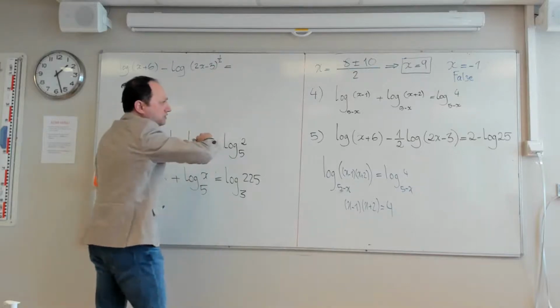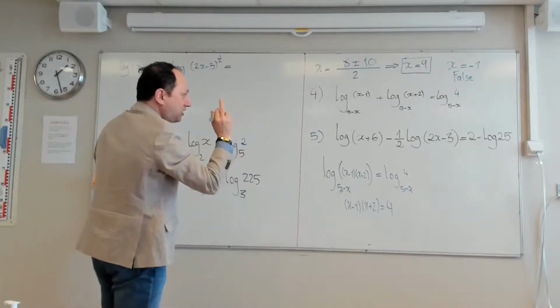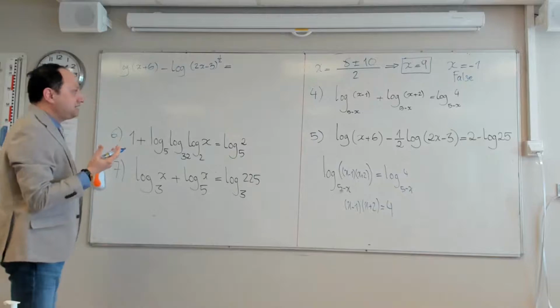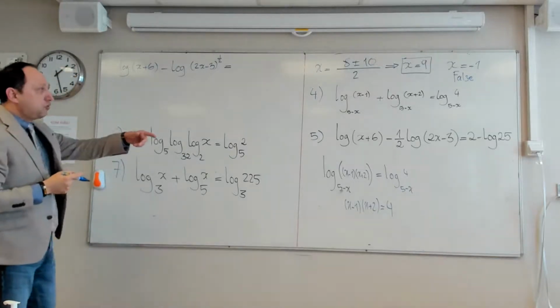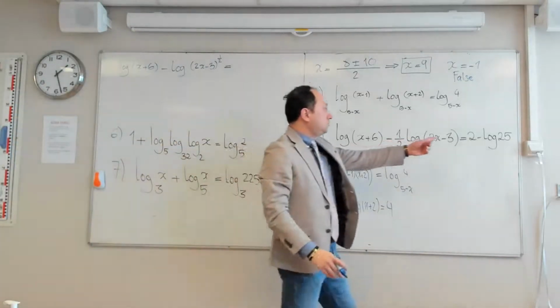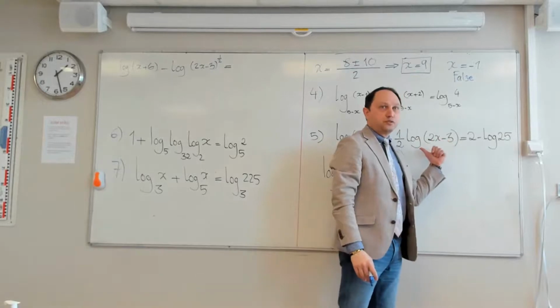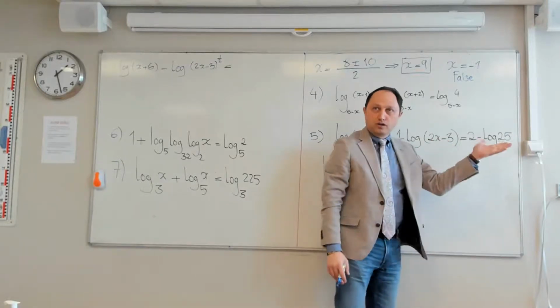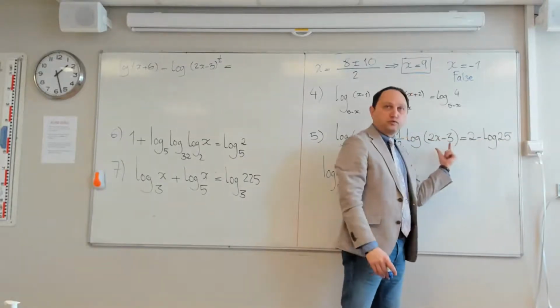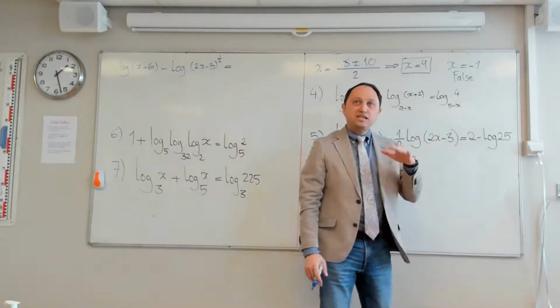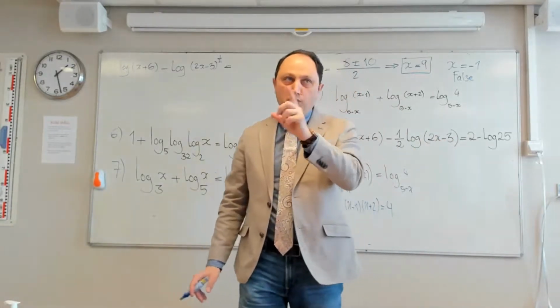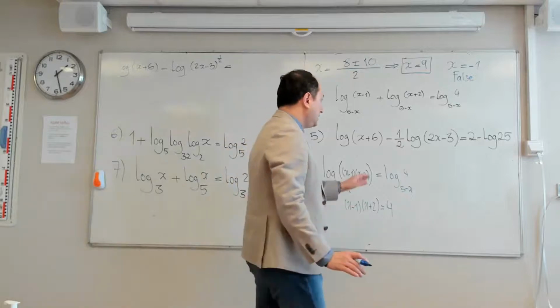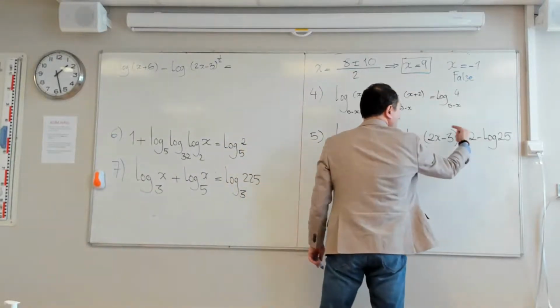And then what do I have on the right-hand side? The right-hand side might be a little bit problematic in this form. If you want, you can move log 25 to the left, and then it becomes a product. But let us intentionally not do that, because I want to teach you something more. If you want, you can move this one to the right.